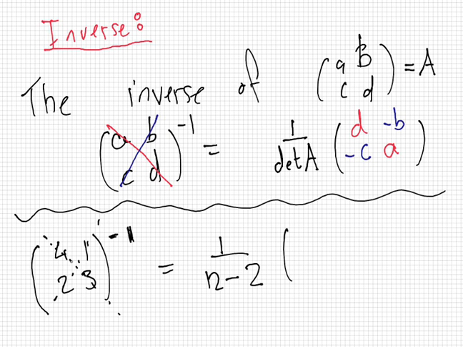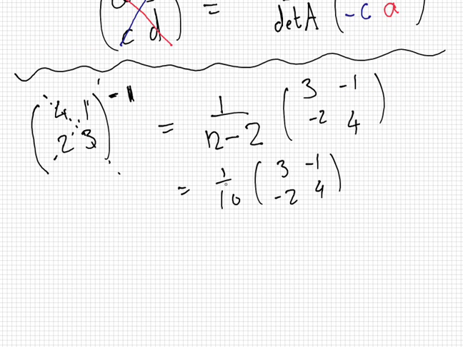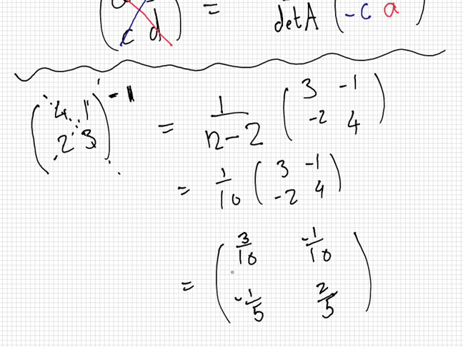And then I swap these, 3, 4, and then I minus these: minus 1, minus 2. 12 minus 2 is 10. And if you want, but you don't have to, you can multiply this in to make fractions. So you get 3 over 10, minus 1 over 10, minus 1 over 5 and 2 over 5. So this is the inverse of that matrix.